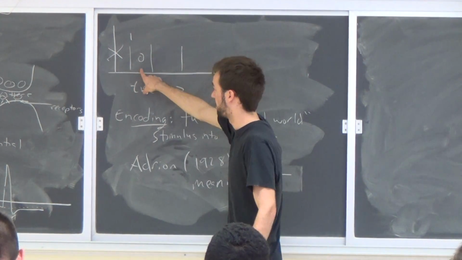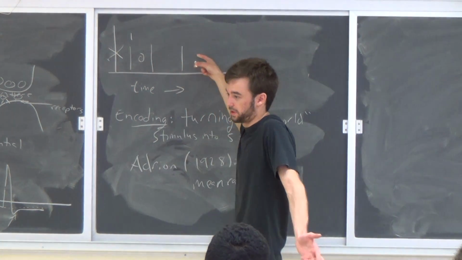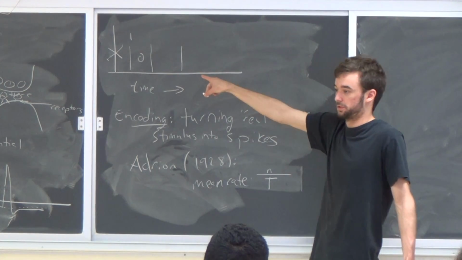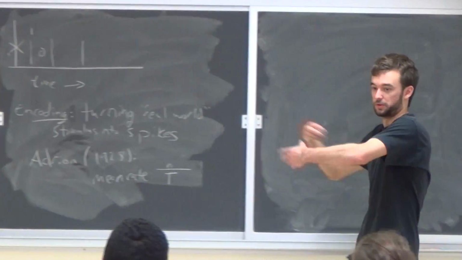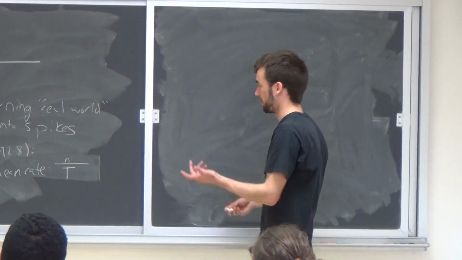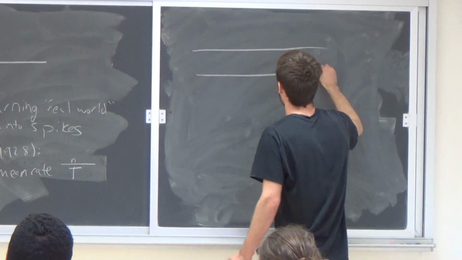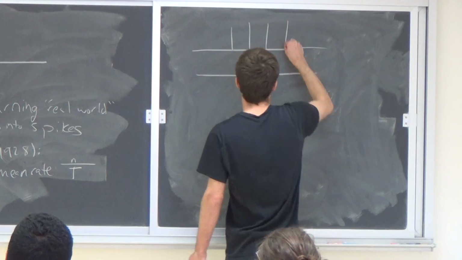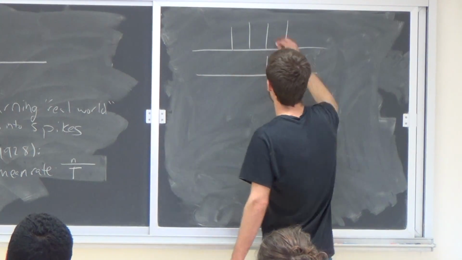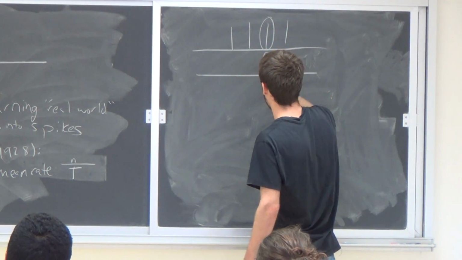Either you're firing or you're not. So what's wrong with that? Why can't I think of this as a computer running on a binary system? The answer is, well, say I take two spike trains like this, and I look at this point in time.